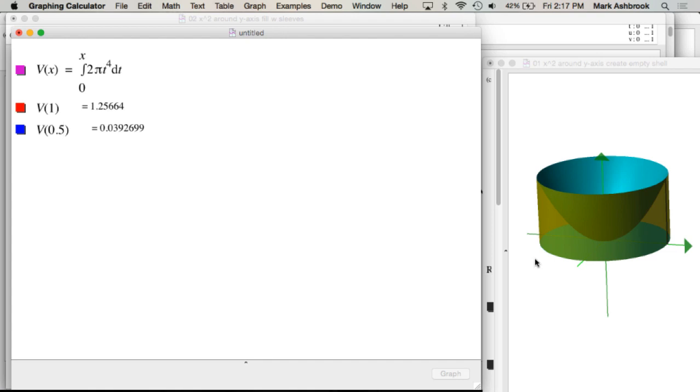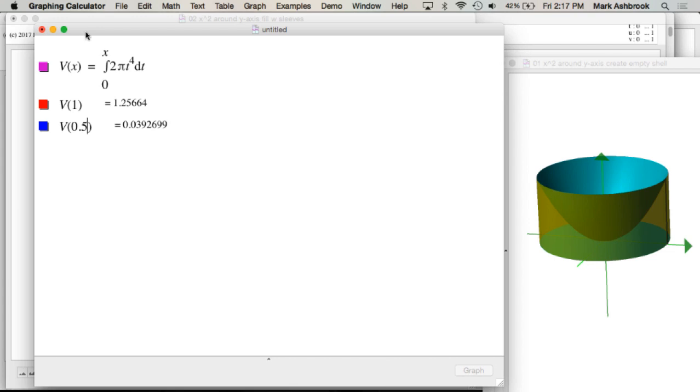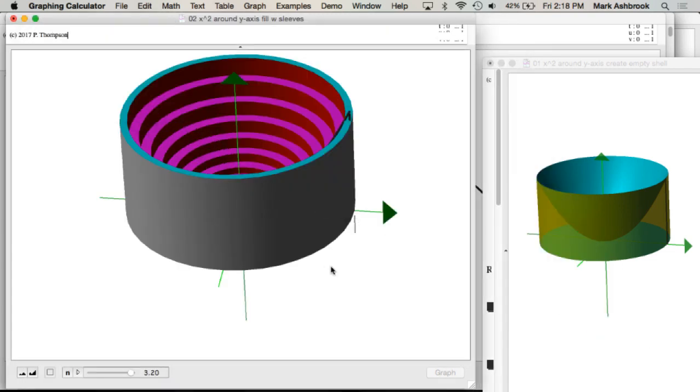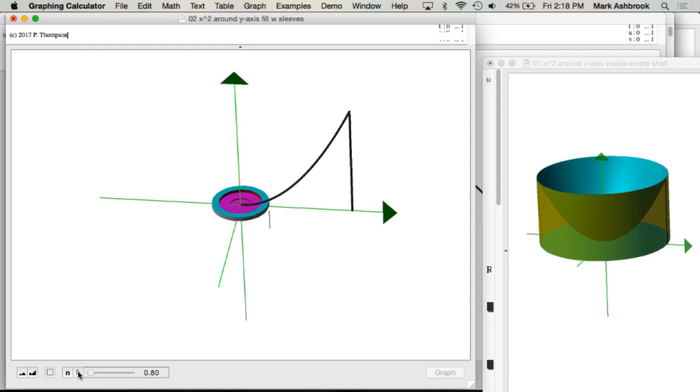Okay, let's look at, going on with that example, what about if we took delta y? So instead of looking at delta x intervals, what if we looked at delta y intervals? So let's go back to, I'll just use this.